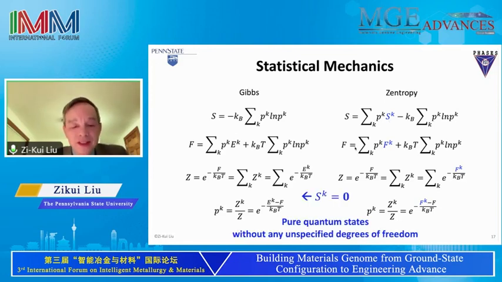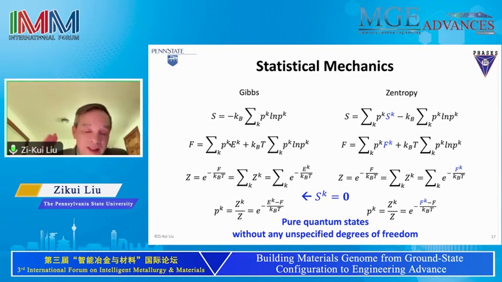It's inaccurate. However, if each configuration is a pure quantum state, which means the configuration has zero entropy and doesn't have any unspecified degrees of freedom, then the two are identical. So it's amazing, right? When Gibbs invented statistical mechanics, there was no quantum mechanics.